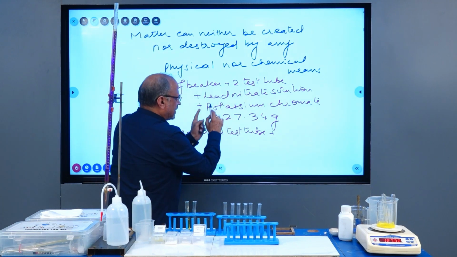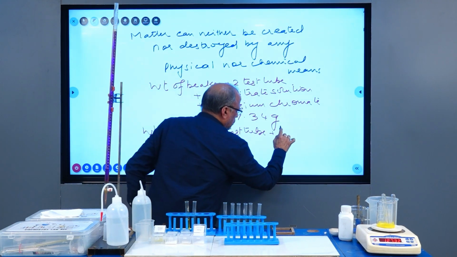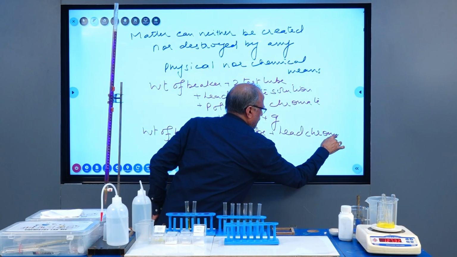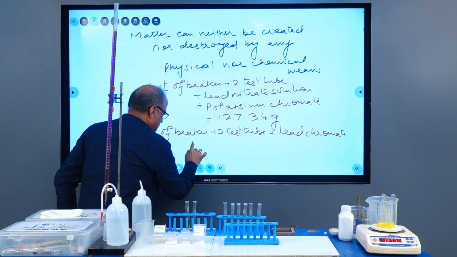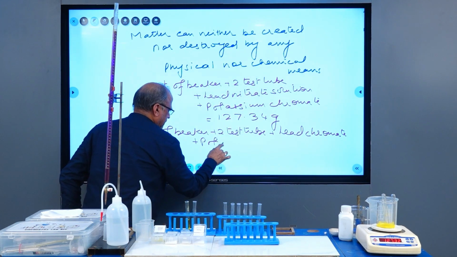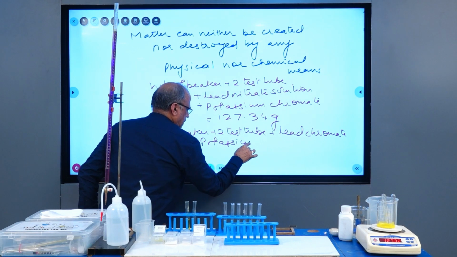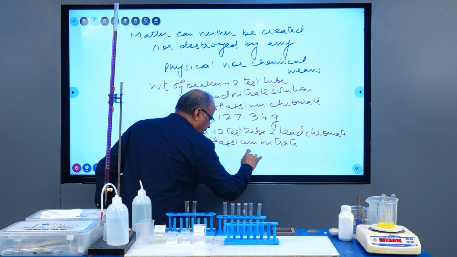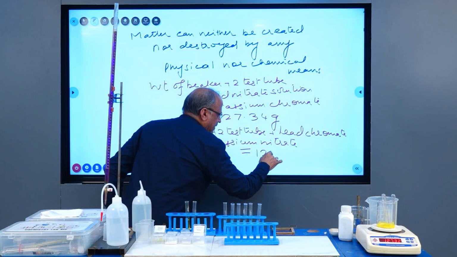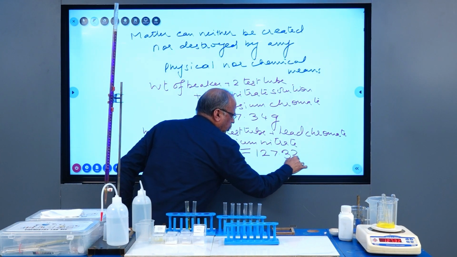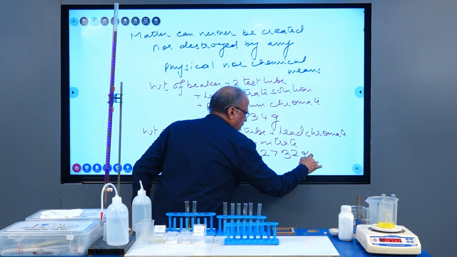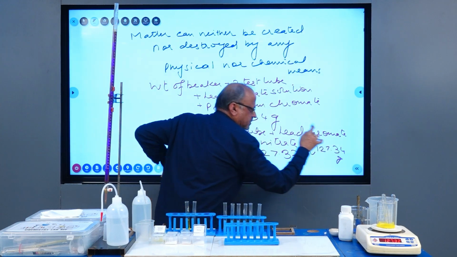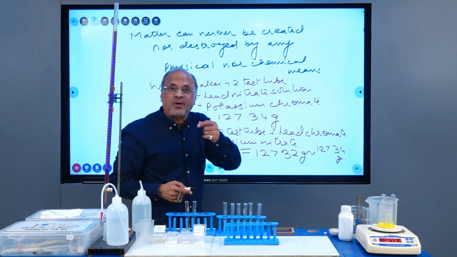Lead nitrate reacts with potassium chromate to form lead chromate plus potassium nitrate, and this is equal to how much? Again 127.32 grams, almost equal to 127.34 grams. Is it proved or not?